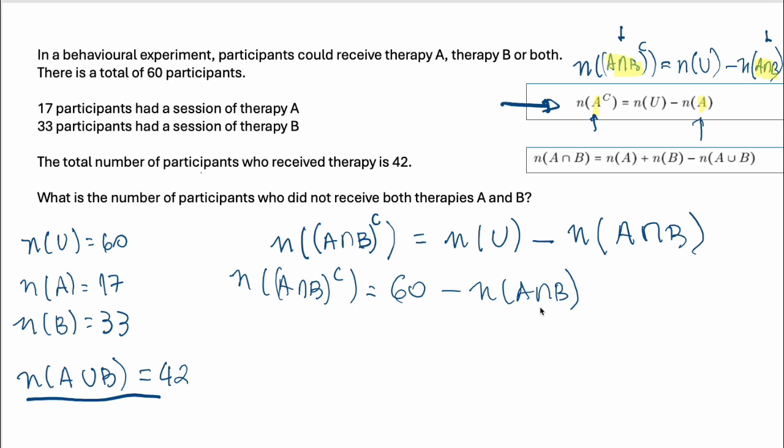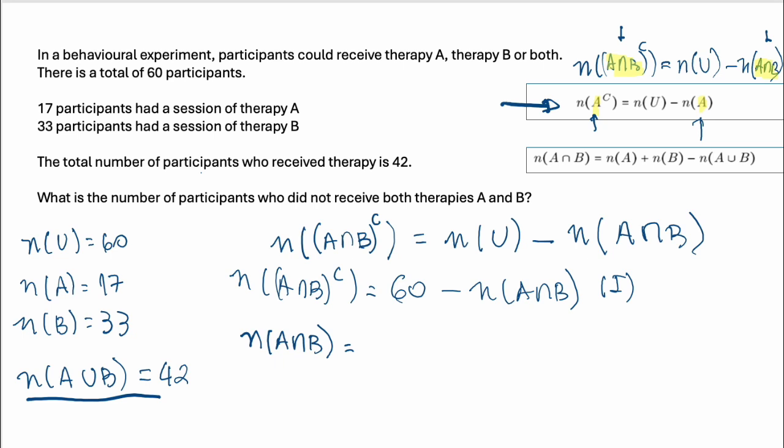So I don't have A intersection B, I will have to calculate A intersection B. So I'll call this calculation number 1, and I'll halt the calculation there, and I'll say, okay, but I need N of A intersection B. So let me find this thing, okay?